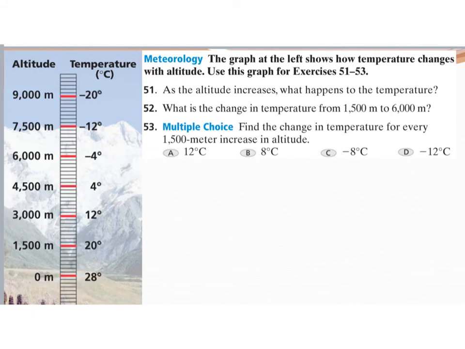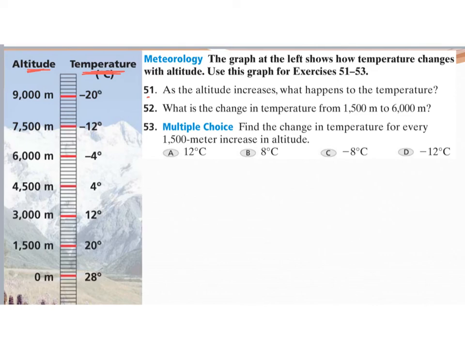And our very last example says, the graph to the left shows how temperature changes with altitude. Use the graph for the following. For 51, it says as the altitude increases, what happens to the temperature? So notice our altitude is right here on the left, and our temperature in degrees Celsius is on the right.